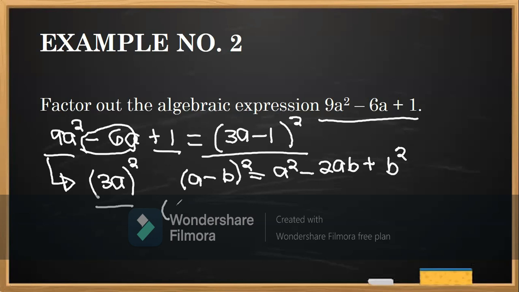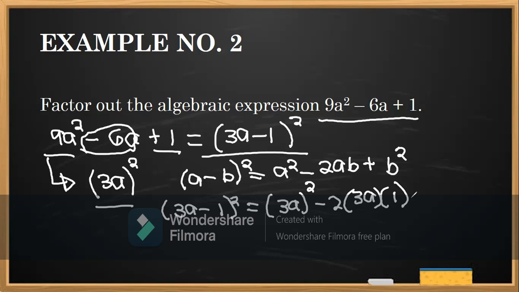So (3a minus 1) squared is equal to (3a) squared minus 2 multiplied by 3a multiplied by 1, plus negative 1 squared.